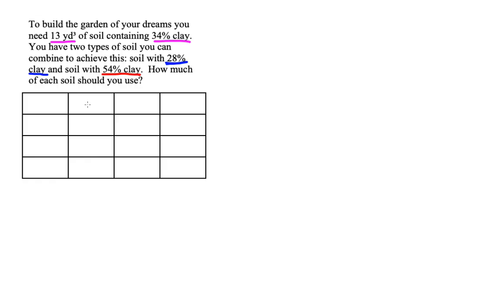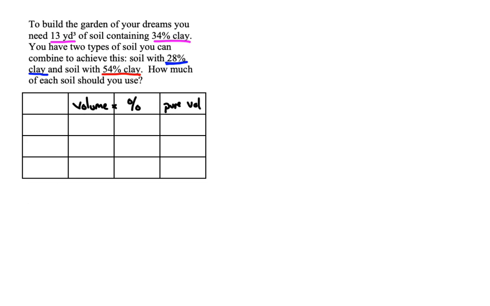We've got some volume of stuff, and if I take that volume and multiply it by the percentage, I end up with what I'm going to call the pure volume, how much actual clay would be there.